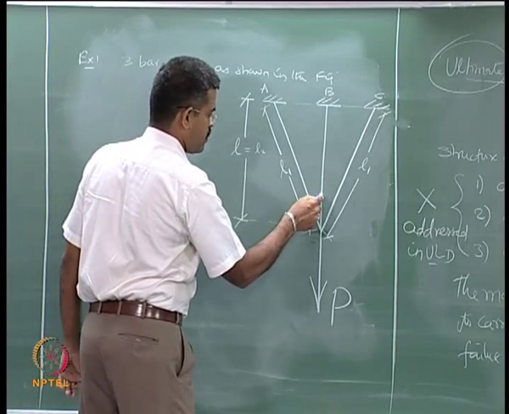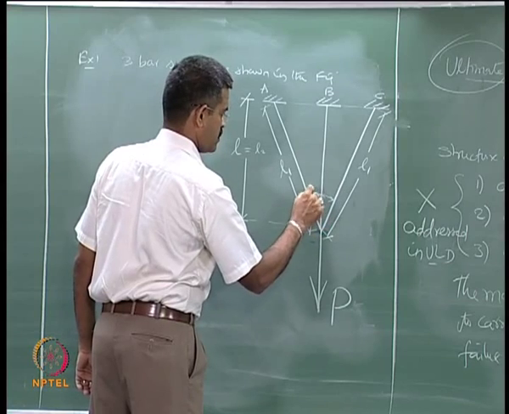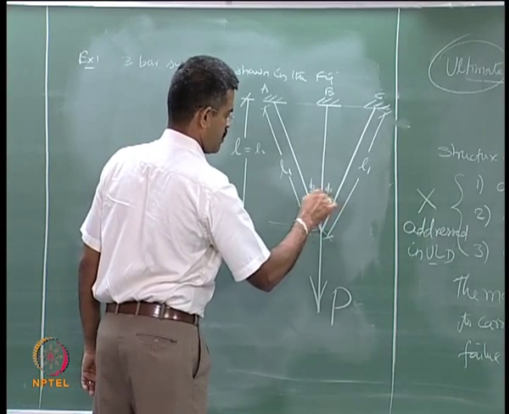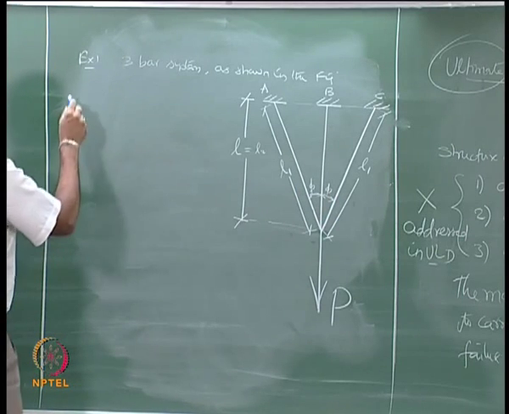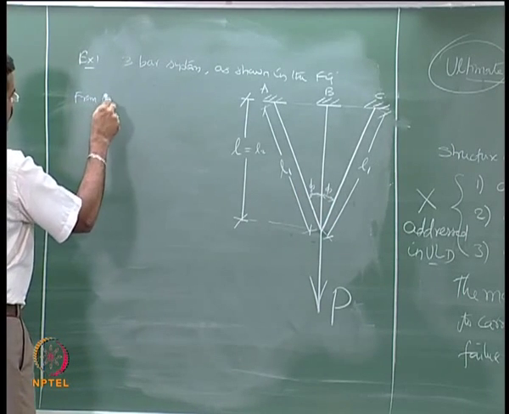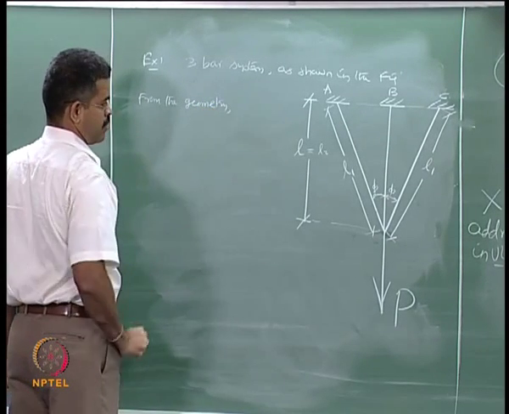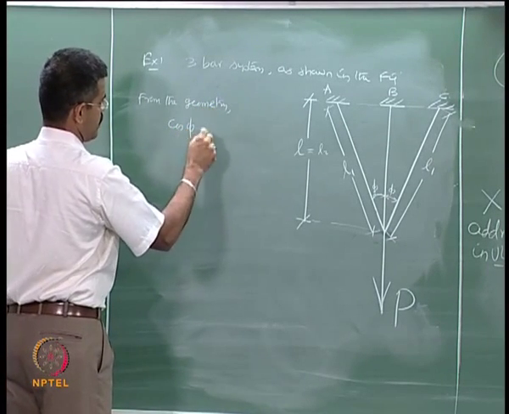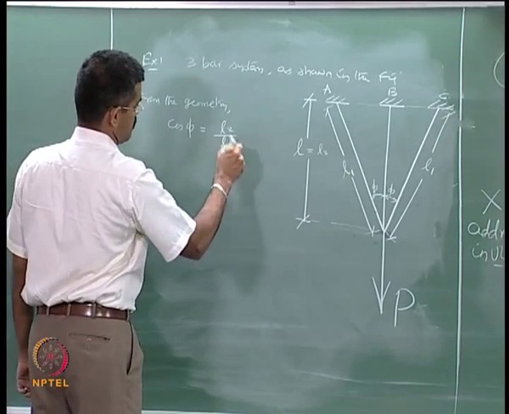This angle of inclination is, let us say, phi. So, from the geometry, cos phi can be said as L2 by L1.